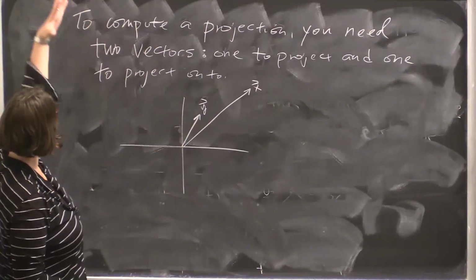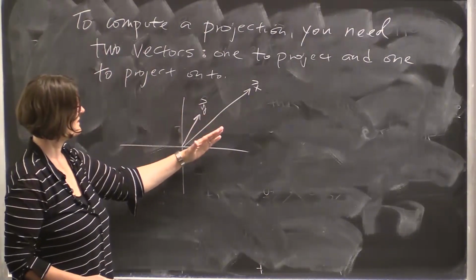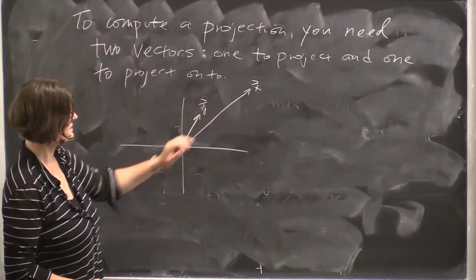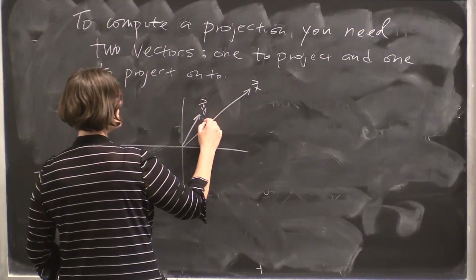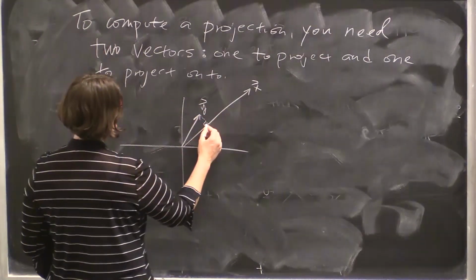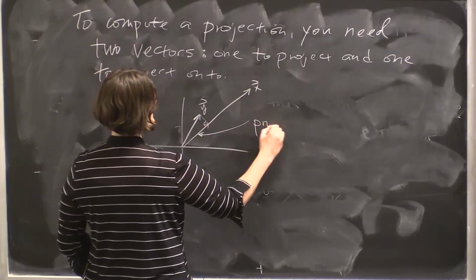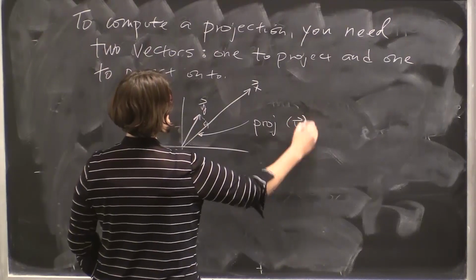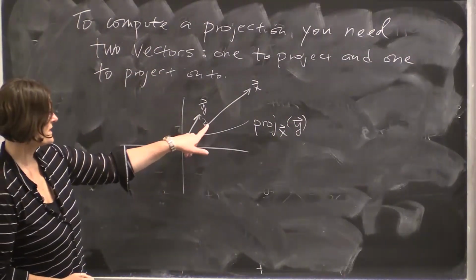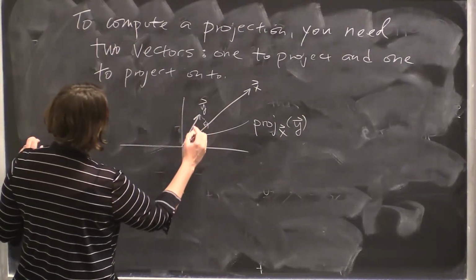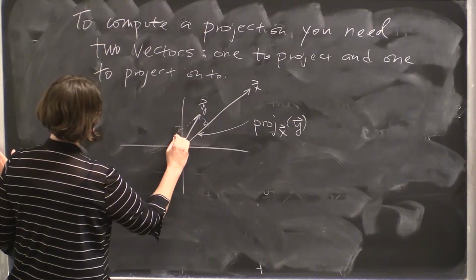You could imagine that you've got the sun over here and it's shining, and the sunlight is going like this, and it is casting a shadow. The projection, this is a right angle, and this vector right here is the projection of y onto x. Once you have found this, you can subtract it off and get this vector.